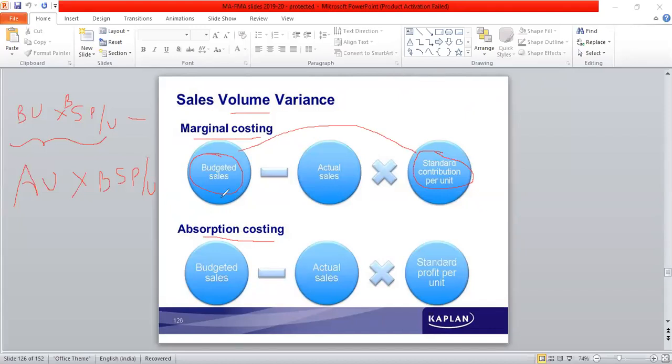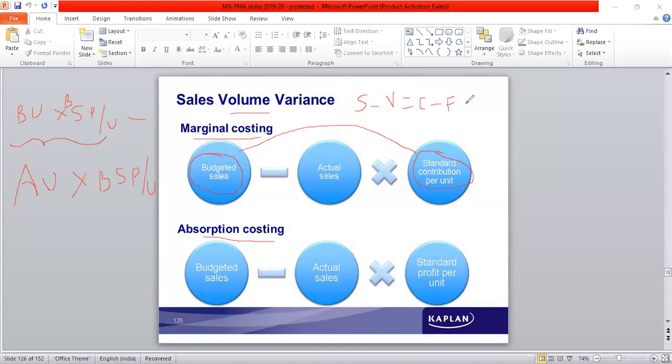But in case of marginal costing, only the variable manufacturing cost was charged to the closing inventory. So marginal costing depends on an equation: sales minus variable cost is called contribution. From contribution, the fixed cost is also deducted and then that is called the profit.